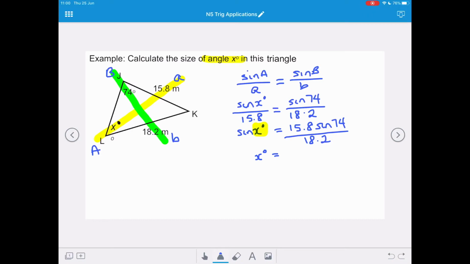So that's going to equal arc sine or sine to the -1 of 15.8 sine 74 all over 18.2. And if you calculate that separately, use your answer button so that it's accurate. Don't round too early. And 57.38 degrees is going to round to 57.4 degrees to 1 decimal place.